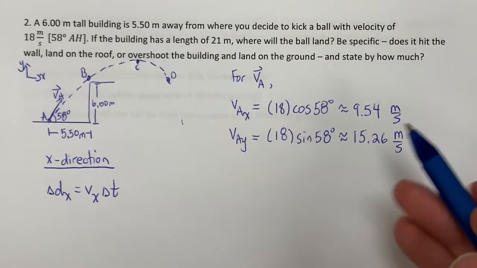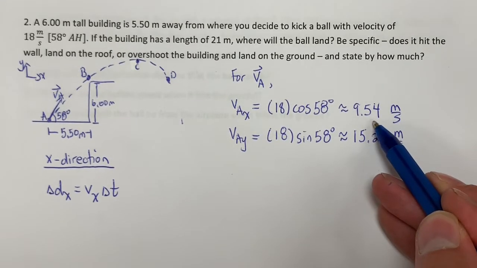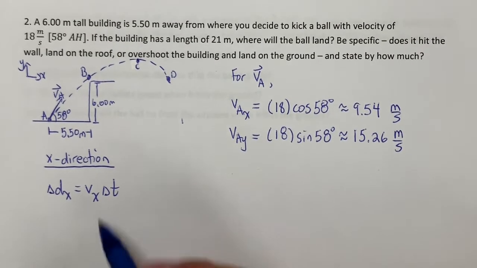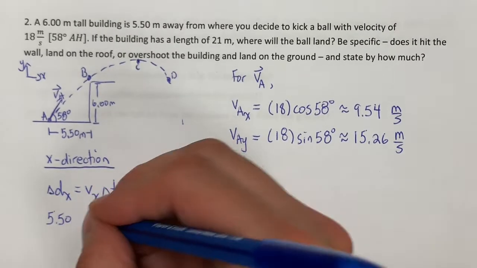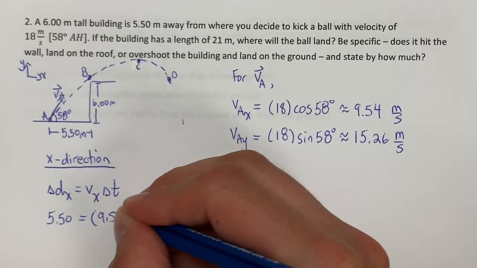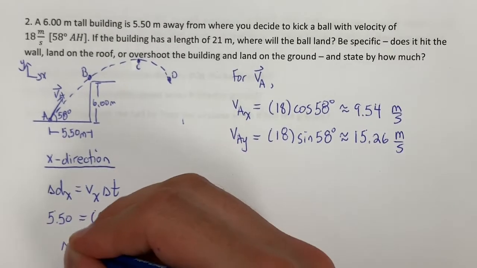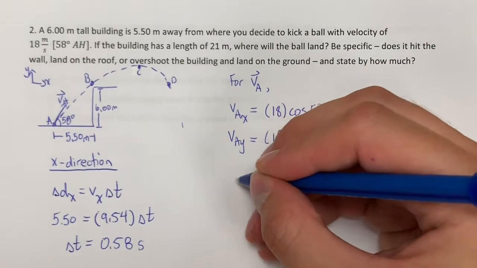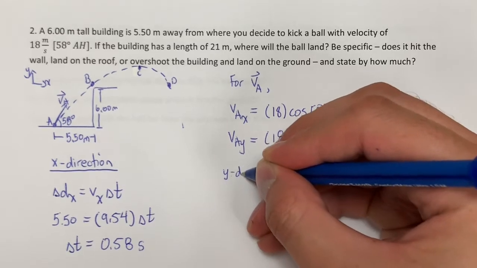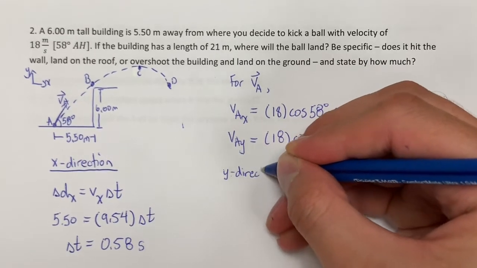Put in your x component of your velocity and this displacement to solve for time. We get a time of 0.58 seconds. We're going to use this time in the y direction to figure out how high it's going to be.